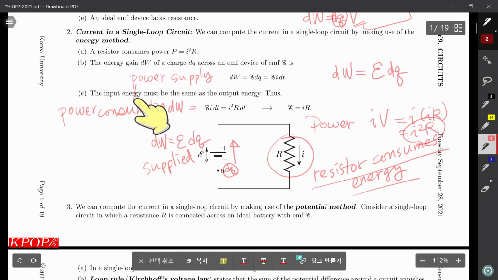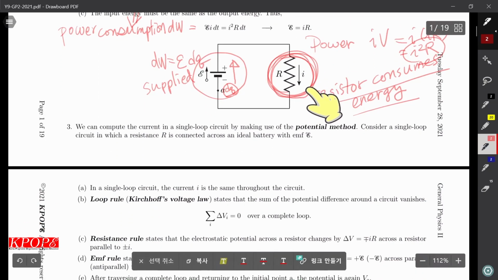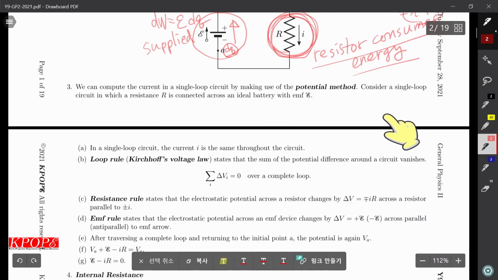The supplied energy is spent by the resistor. Energy gain, energy loss: the magnitude should be the same.